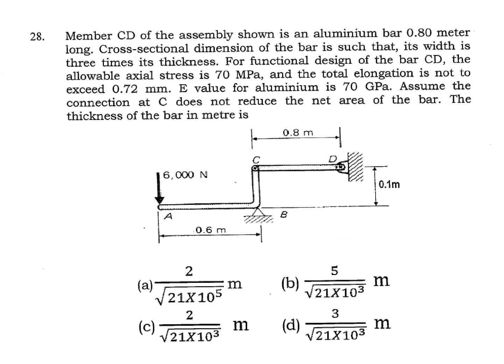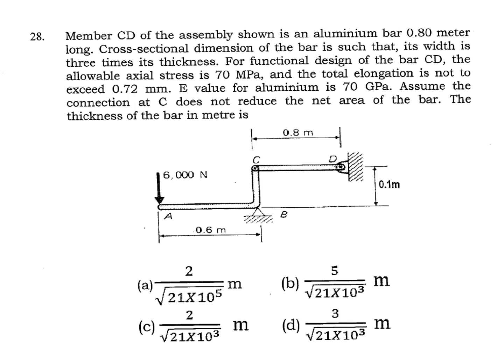A member CD of the assembly shown is an aluminum bar 0.8 meter long. Cross-sectional dimension of the bar is such that its width is 3 times its thickness. For functional design of the bar CD, the allowable axial stress is 70 megapascal and the total elongation is not to exceed 0.72 mm.